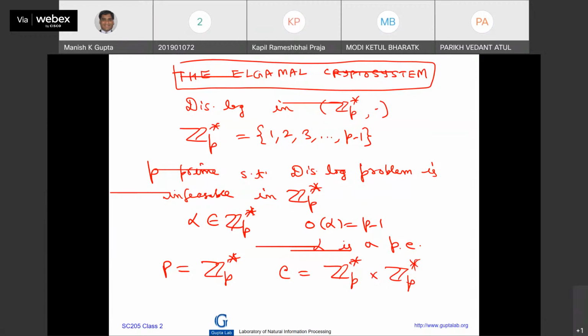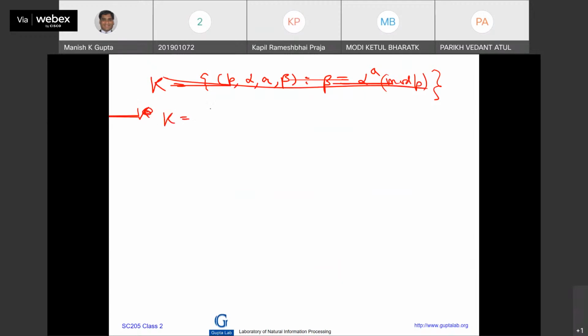Now we define the key. K is the set of (p, alpha, a, beta) such that beta is congruent to alpha raised to a mod p.